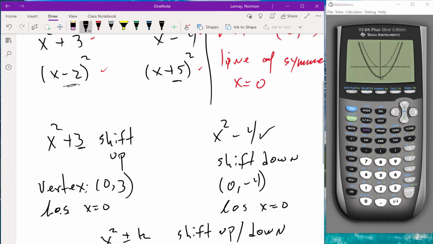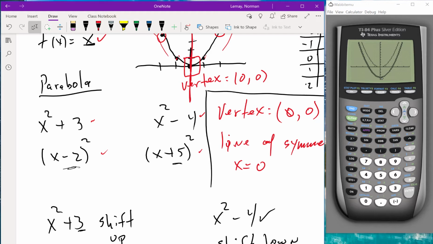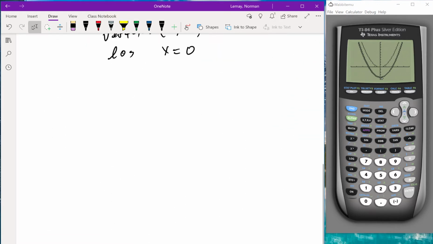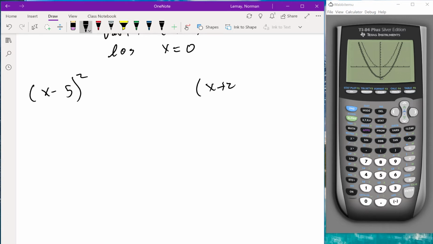So now what I'd like to do is to come back up here and take a look at x minus 5 squared and x plus 2 squared. Okay, so now we want to see what happens when we put the constant inside the squaring.